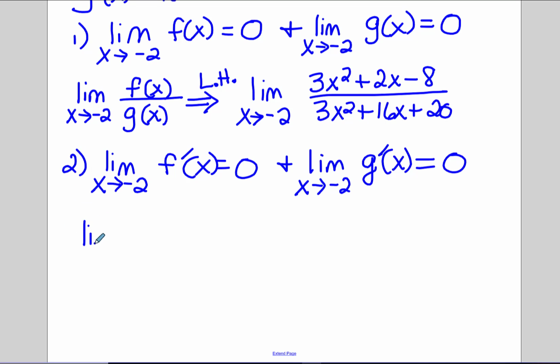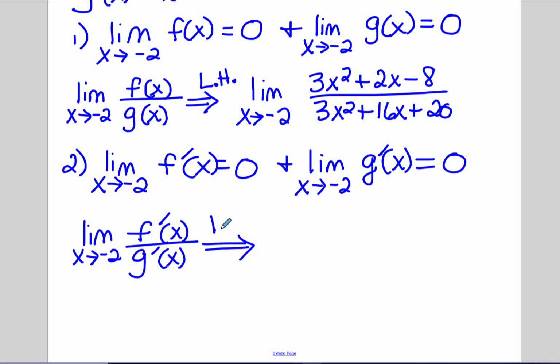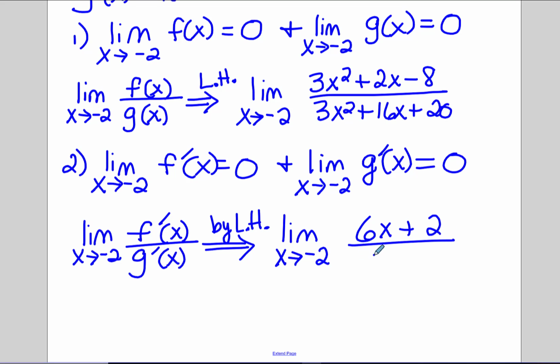So we can say the limit as x goes to negative 2 of the derivative of f divided by the derivative of g can be rewritten by L'Hopital's rule as the limit going to negative 2 of the second derivatives. The second derivative is 6x plus 2, and the second derivative is 6x plus 16. So now we have the second derivatives here.